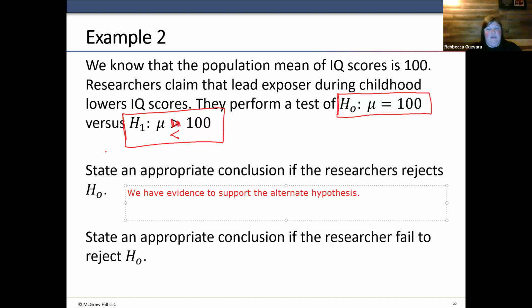Or in other words, we have evidence that lead exposure causes a decrease in IQ scores.